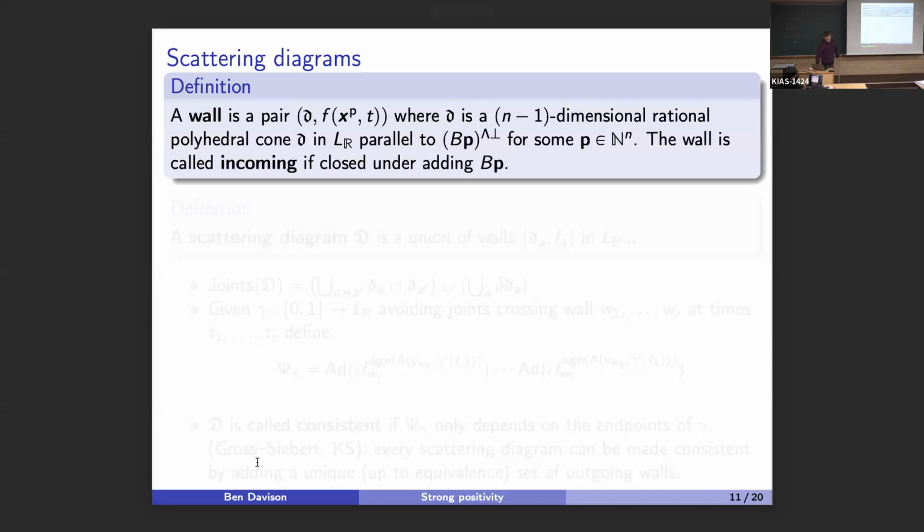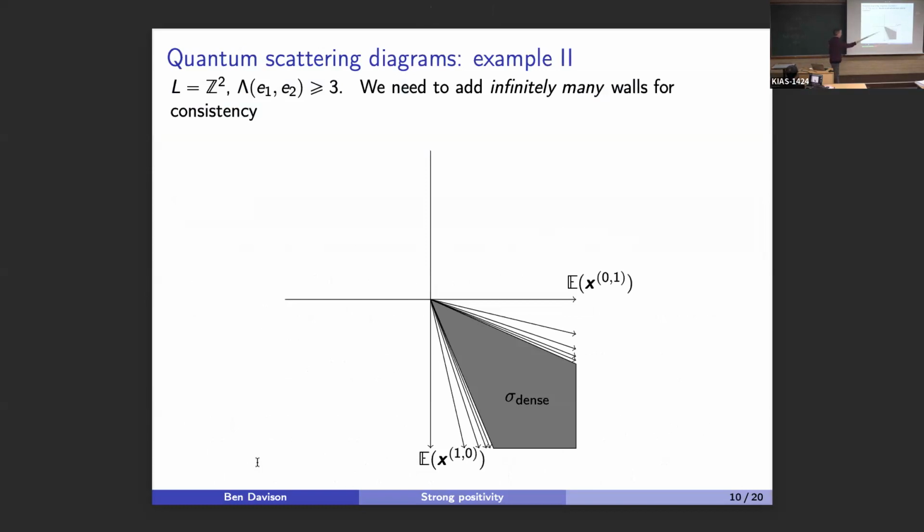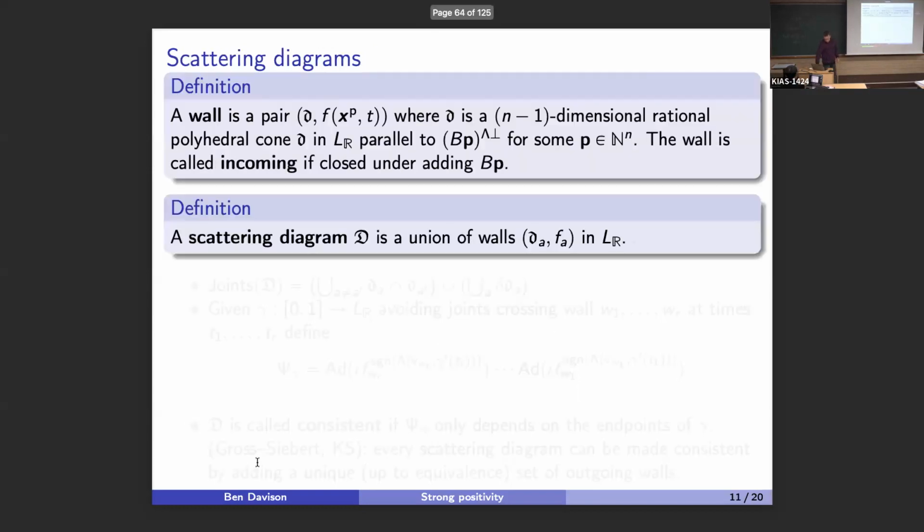Like forewarned, the definitions are very difficult to chew through in real time, but the picture I have in mind is that these walls that stretch back to negative infinity, those are the incoming walls. So a scattering diagram is a union of walls in LR.